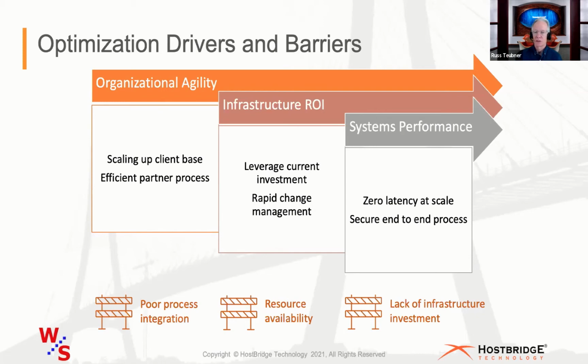Everyone obviously wants to leverage their current investment, but not only that, they want to make sure that they can evolve that investment to meet their strategic goals, but do it in a way that is well managed and minimizes risk. De-risking these sorts of initiatives is absolutely job one for most of our customers.